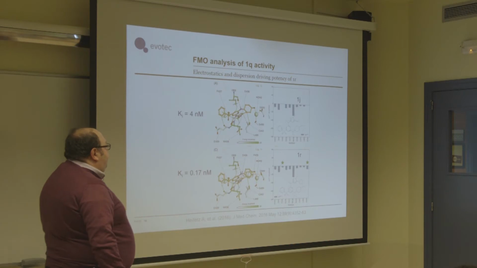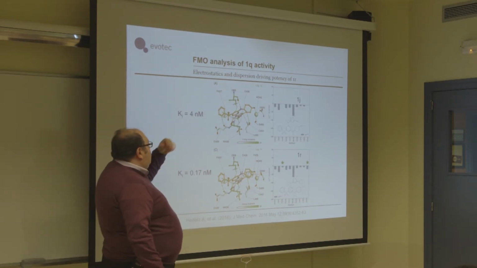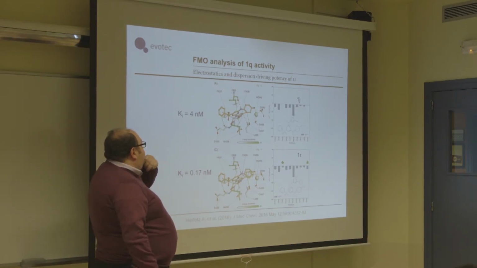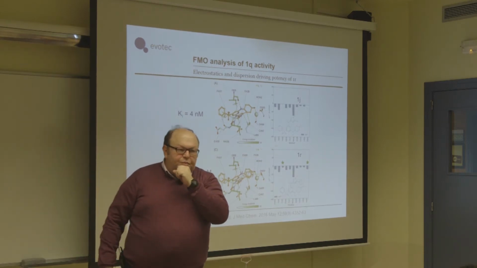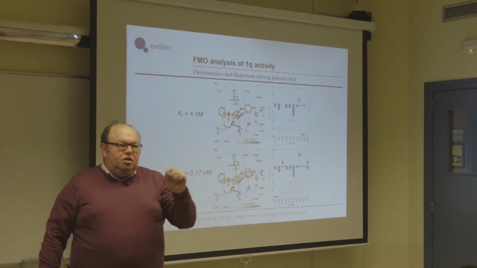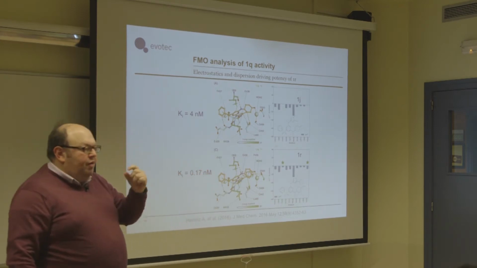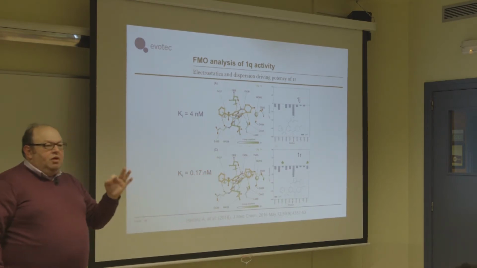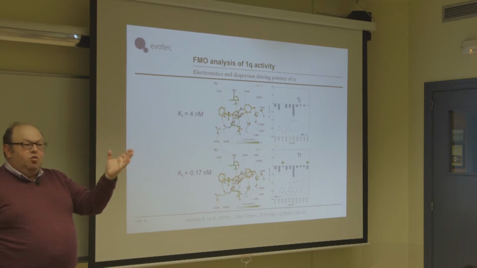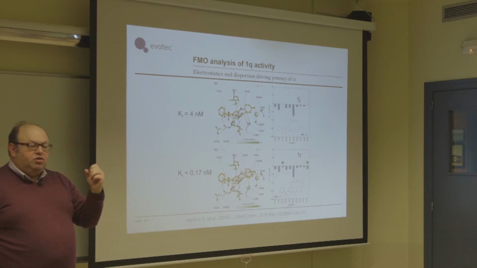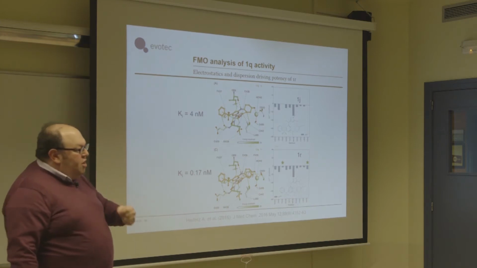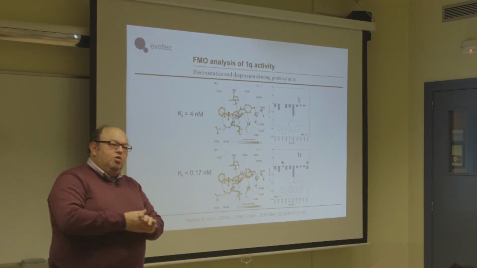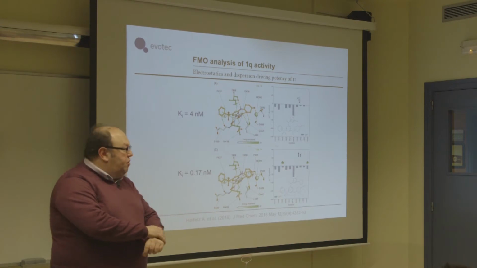Even if you have compounds, we developed a method called FMO, which is based on quantum mechanics, that does not only show you in a binary way whether you have an interaction or not, but really shows you how strong the interaction is, because sometimes you have the interaction but you want to improve its strength.